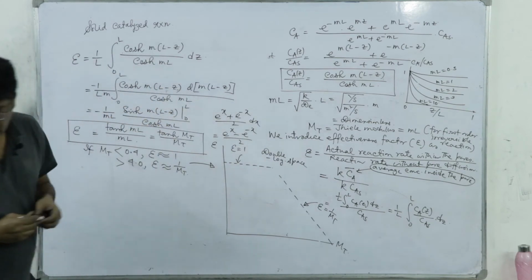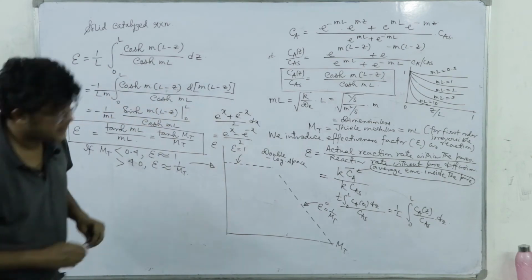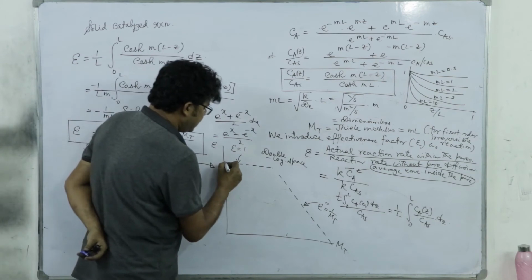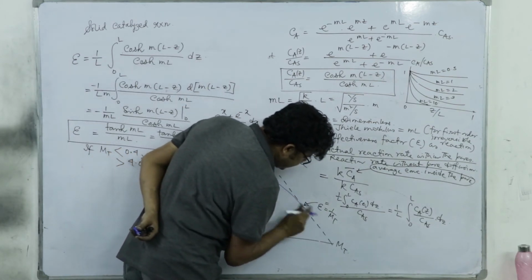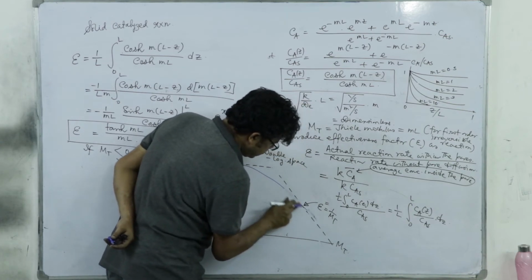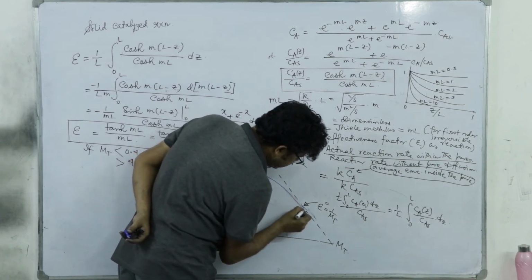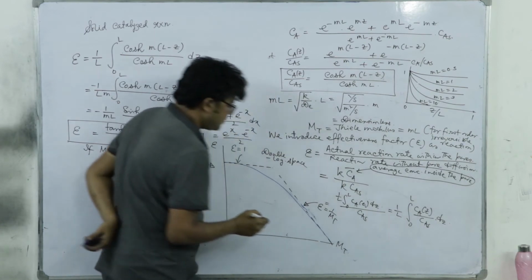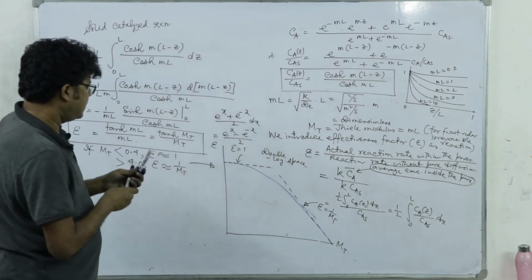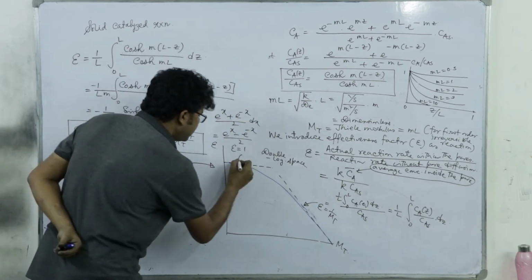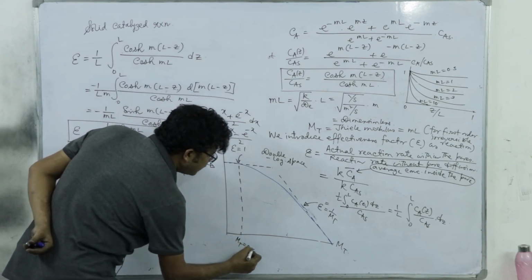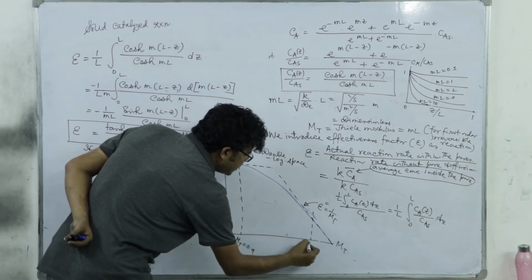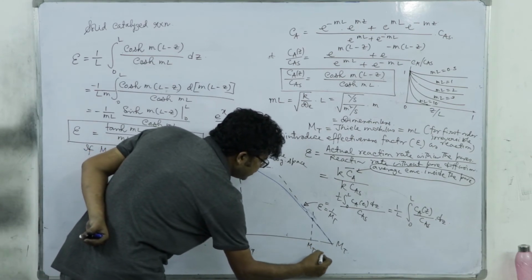So, actual curve is something like this. Right. So, here we have MT equal to 0.4 and close to here this is MT equal to 4.